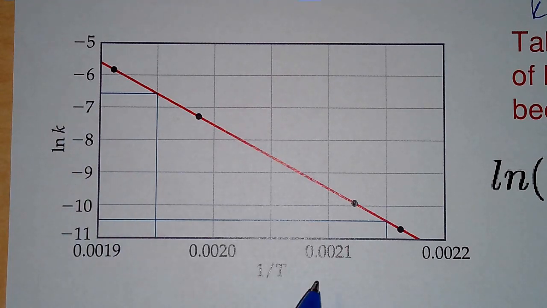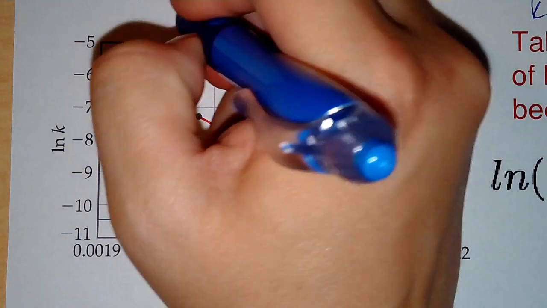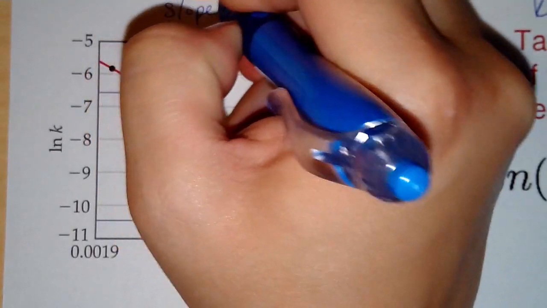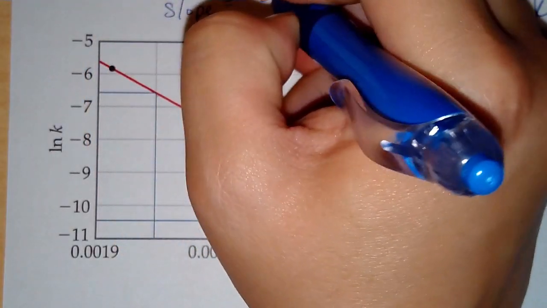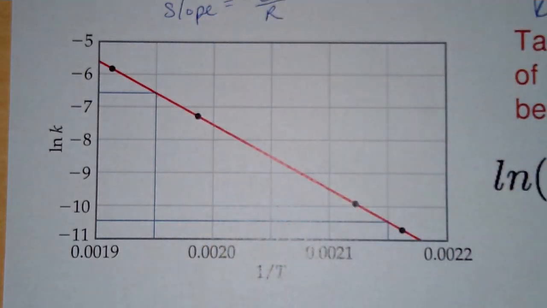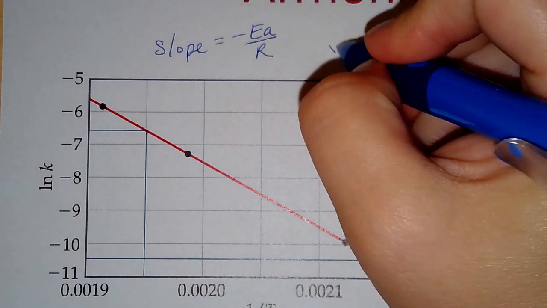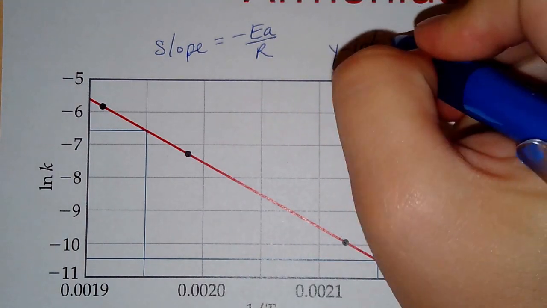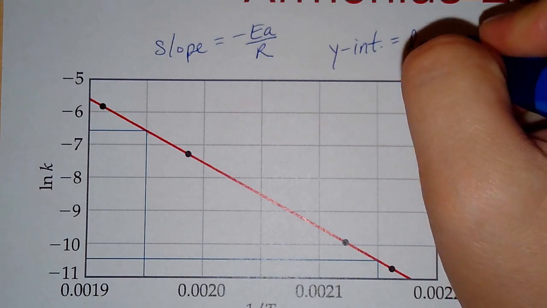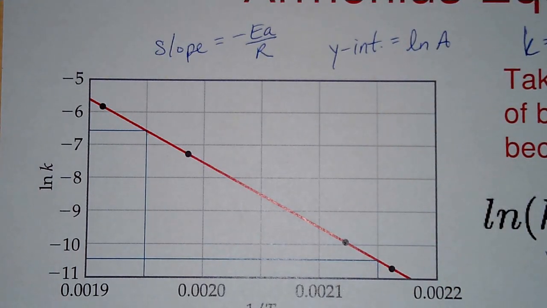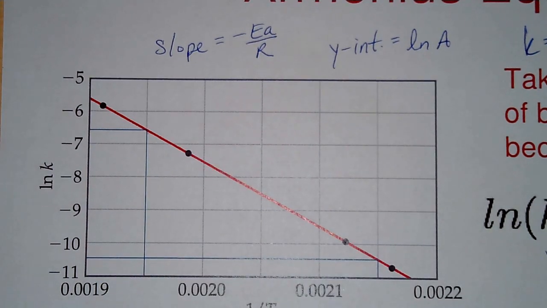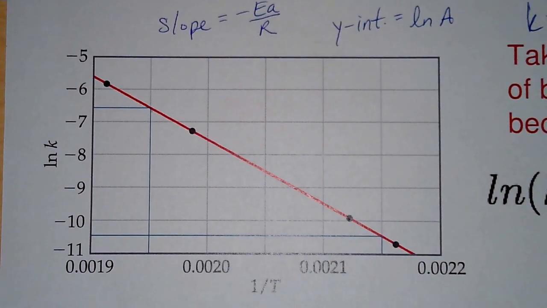So the slope of this line should equal negative activation energy over R. And remember, R is our gas constant, so we know what that is. And our y-intercept should equal our ln of A. By picking two points on the line, I can calculate a slope. And by determining the y-intercept, I can calculate A.